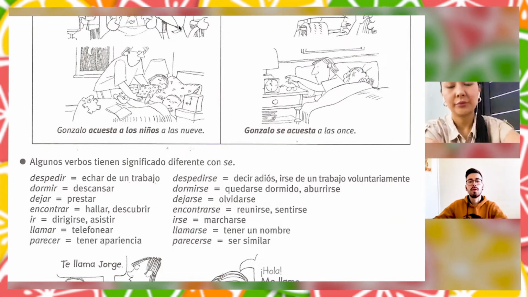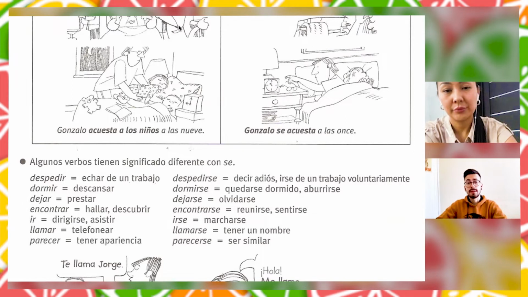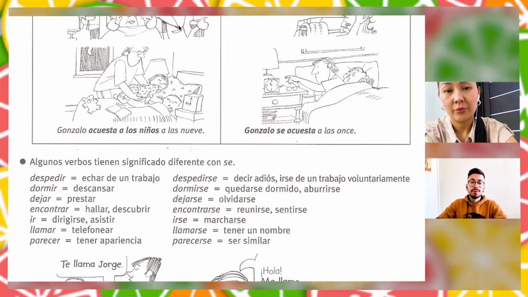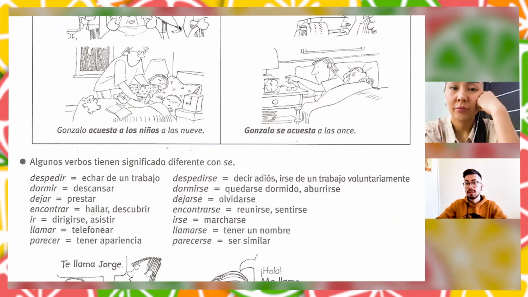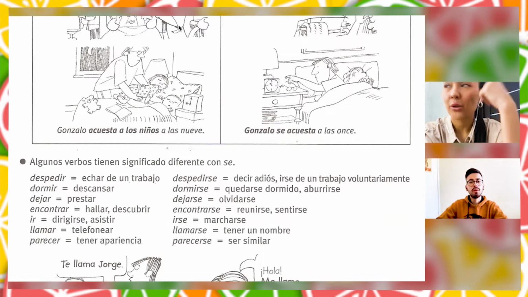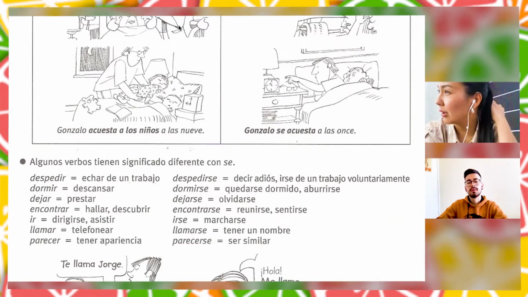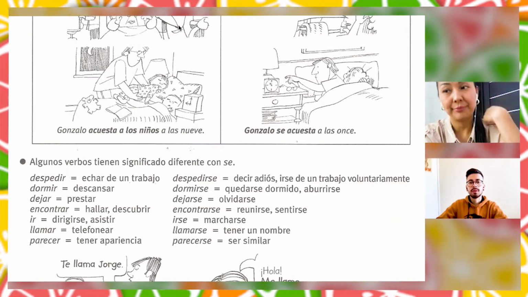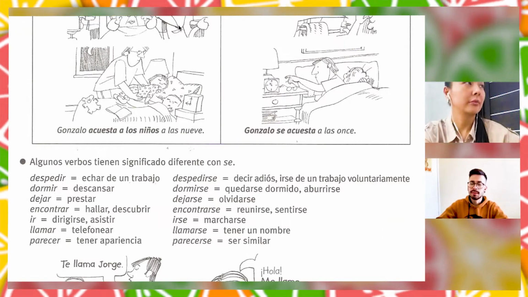Yes, to fire. And we have despedirse. It means say goodbye. So here they changed their meaning, right? Yes. These are exceptions. Yeah, not exceptions, but they change the meaning.